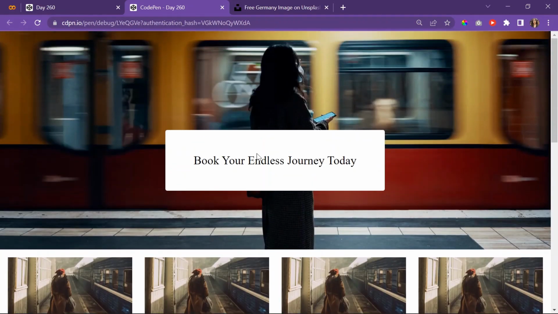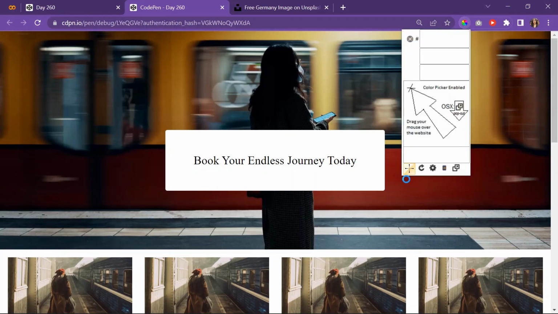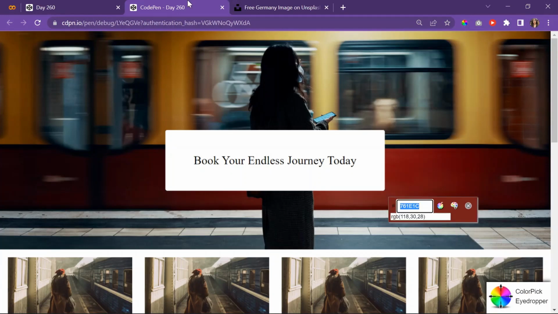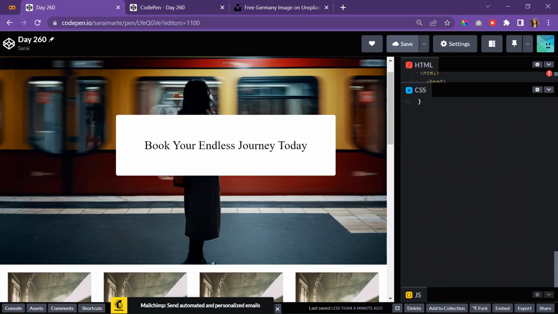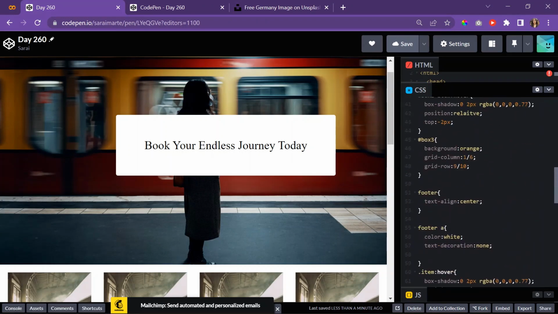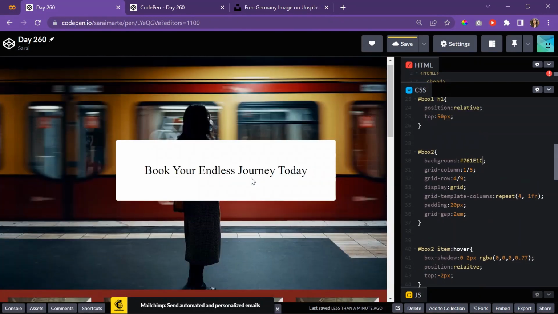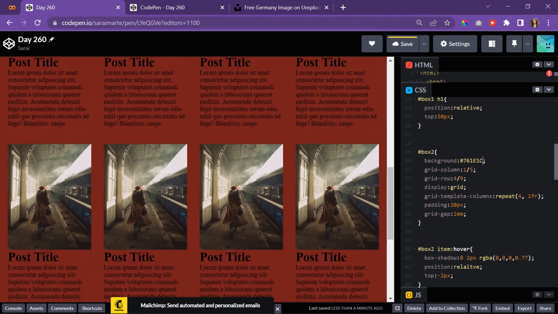And then maybe I could take this color, excuse you, and use that as a background for box 2. Sure.